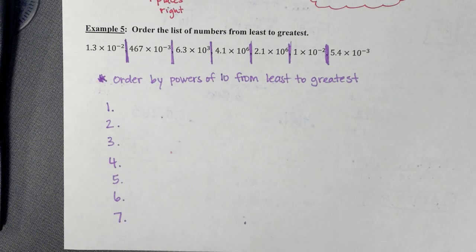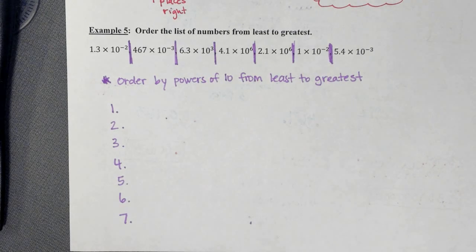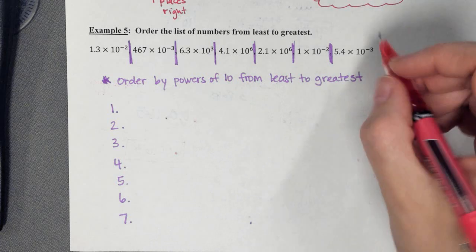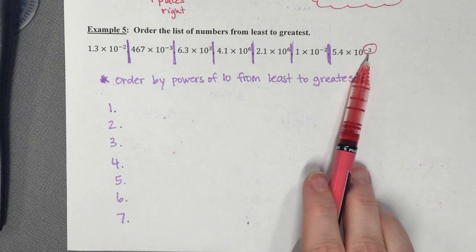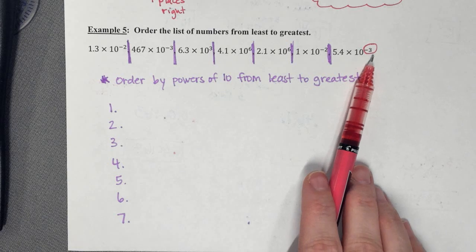So if you're ordering from least to greatest, I'm looking for the highest negative. Which one of those has the highest negative number as the exponent? Yep, the last one has 10 to the negative 3. Is there anyone that's less than -3 or the same?